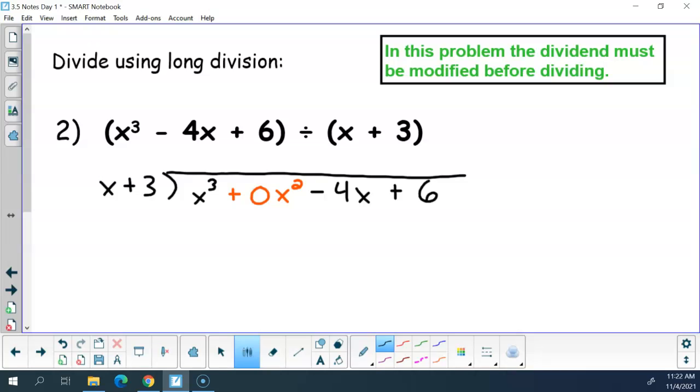Okay? Go for it. What am I going to multiply first? X to the third? X, that's what you multiply. Not x to x. X squared?